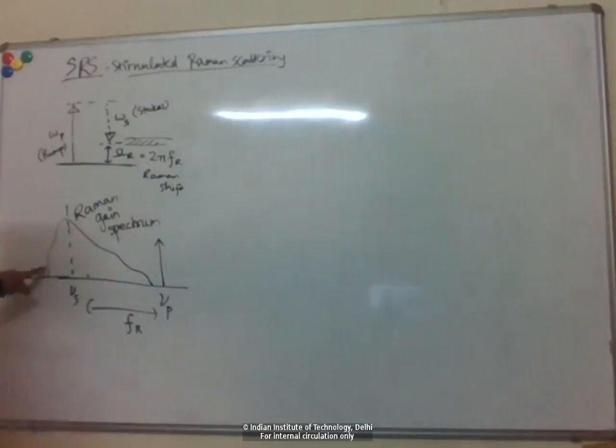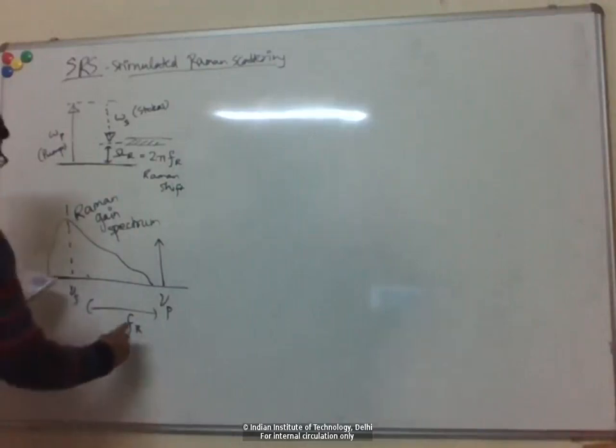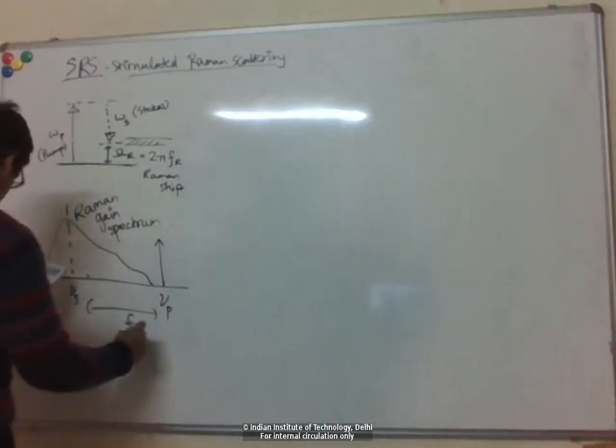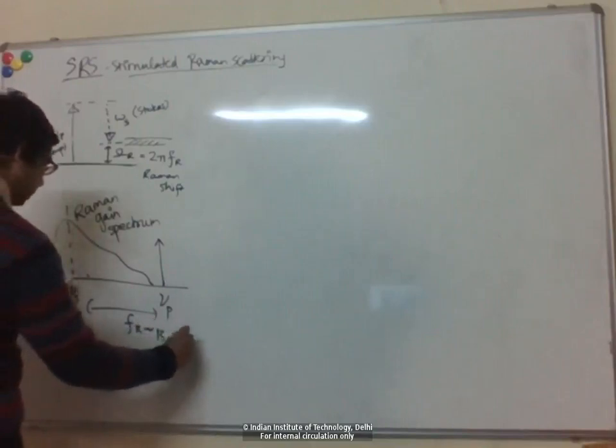But for Raman, it looks like this weird shape, starting almost at the pump frequency and then slowly increasing up to this peak Raman shift and then going down. Okay, so for glass, this peak occurs here at about 13 to 15 terahertz, in that range.